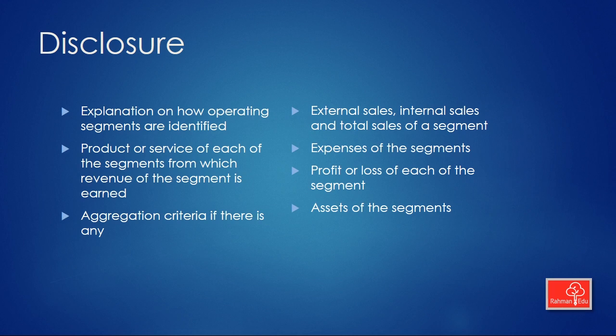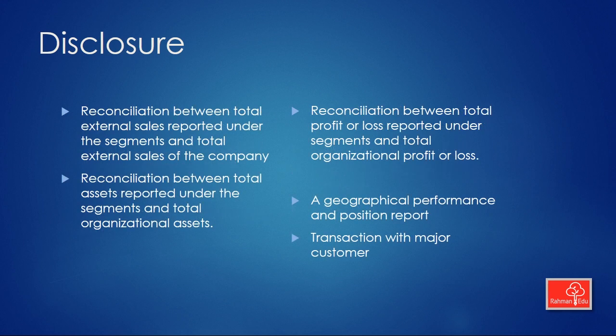Profit or loss of each segment. Assets of the segment. Right. Then reconciliation between total external sales and what is reported under segment reports. Similarly, reconciliation between total assets of the entity and how much you have reported under your segment reports. Similarly, how much profit or loss you have reported under your segment reports in your 3-4 segments, and what is the total profit or loss of the whole entity.